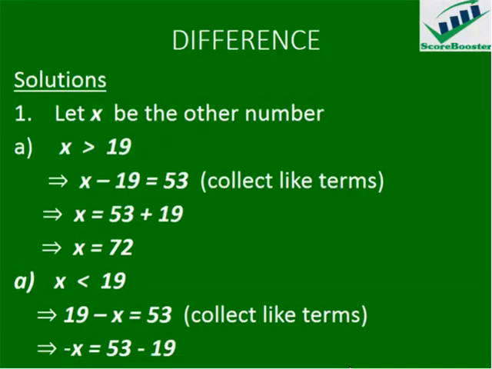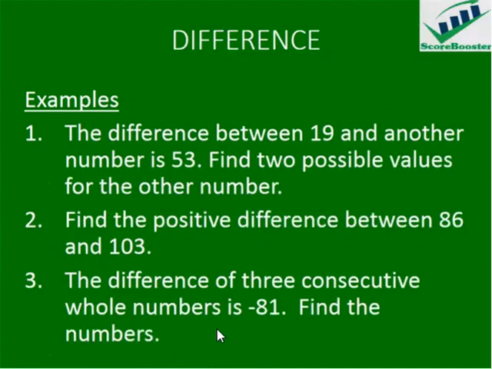So let that number we don't know be X. So the first possible situation we may have is that suppose the number is greater than 19. If the number is greater than 19, we have to subtract 19 from that particular number, because the question says the difference between 19 and another number.